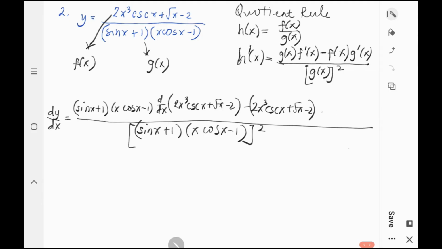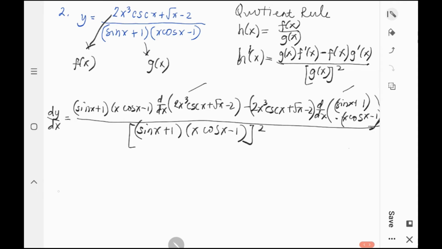And then this is multiplied by the derivative with respect to x of the denominator, so you have sine x plus 1 times x cosine x minus 1. Okay. We are now ready to get these two derivatives here.